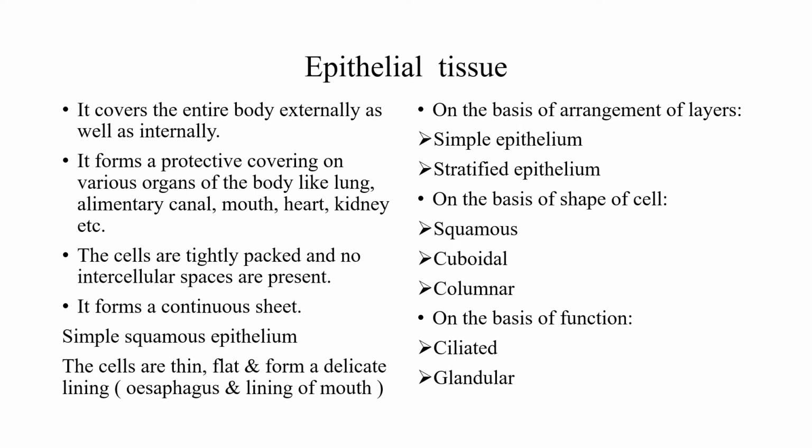This epithelial tissue is first classified into 2 types based on the arrangement of layers, that is simple epithelium and stratified epithelium. Then based on the shape, the epithelial tissue is divided into 3: squamous epithelium, cuboidal epithelium and columnar epithelium. On the basis of their function, they are classified into 2 types: ciliated epithelium and glandular epithelium.